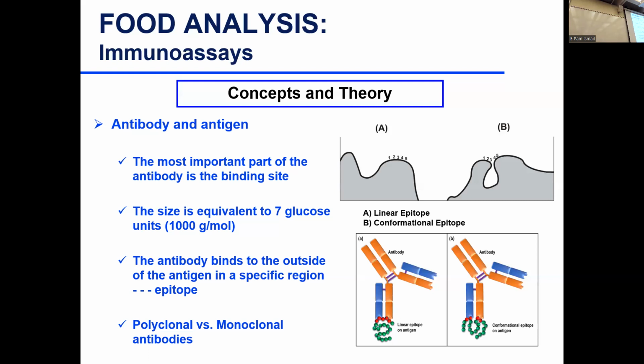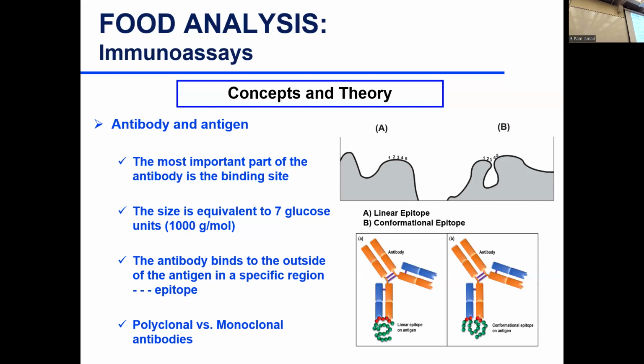These are linear amino acids. This can be an epitope that binds here. So the red is a sequence of amino acids that bind to an antigen, and where they bind is the epitope, linear epitope.